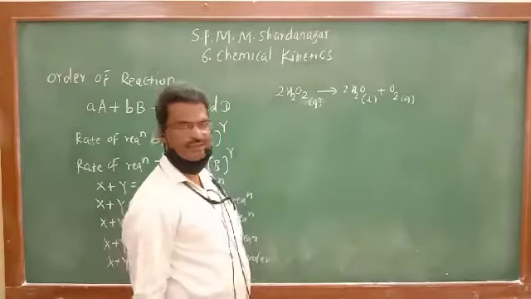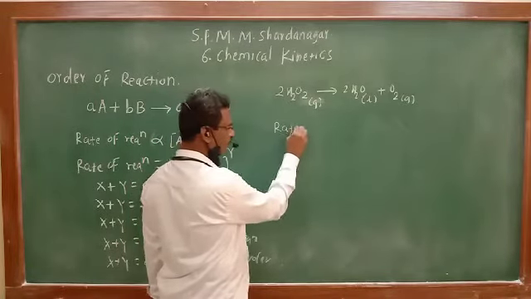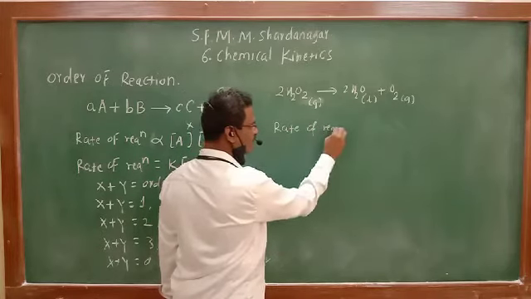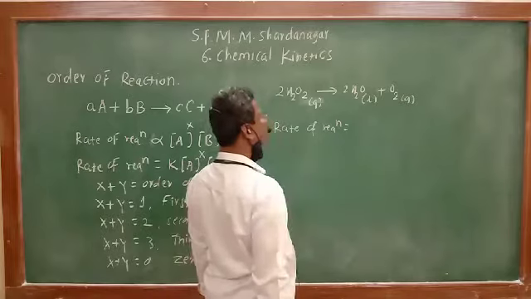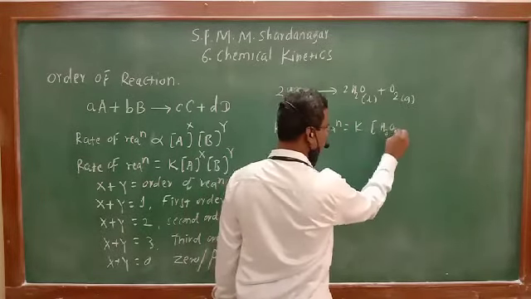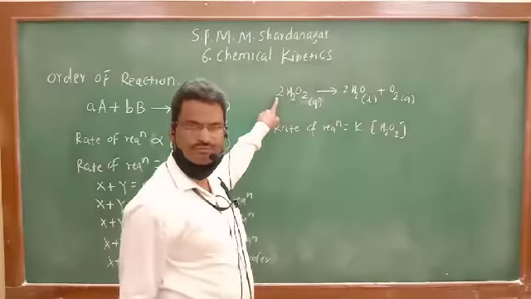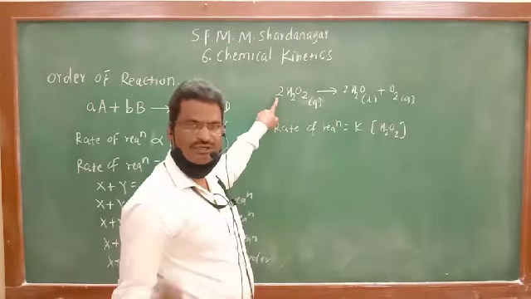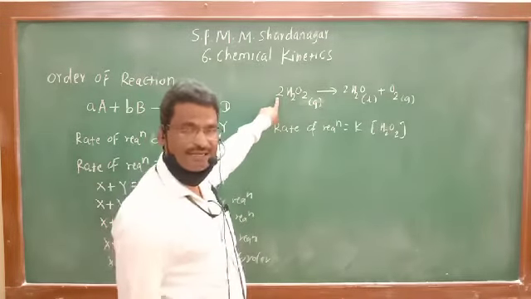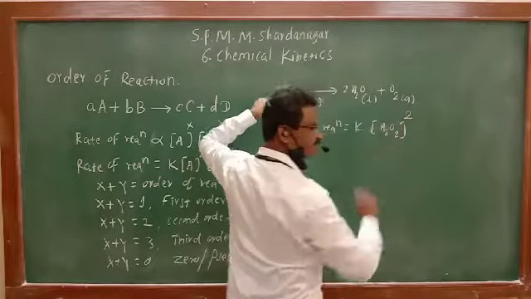So for this reaction, what is the rate law? As per this reaction, rate law can be written as rate of reaction will be equal to K into concentration of H2O2. Since here it is 2, you may be under the impression that this 2 becomes a power.